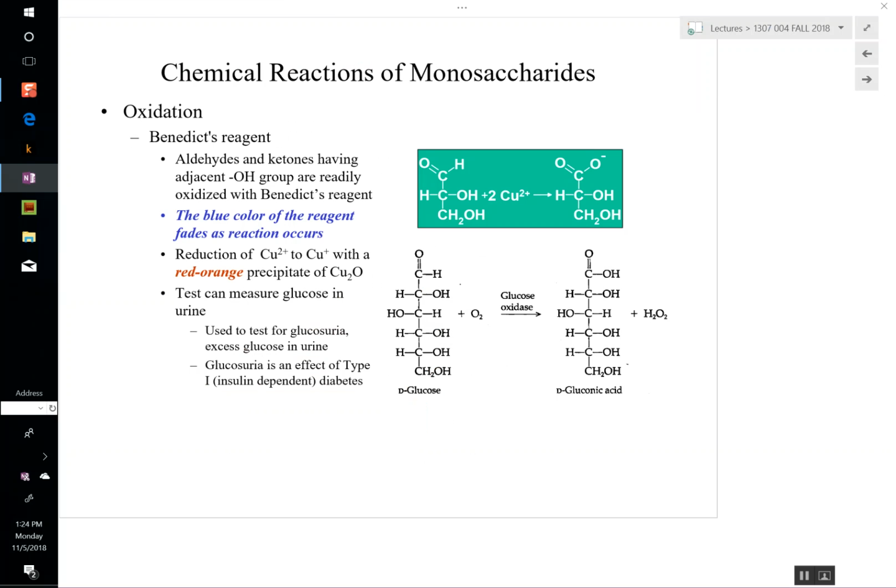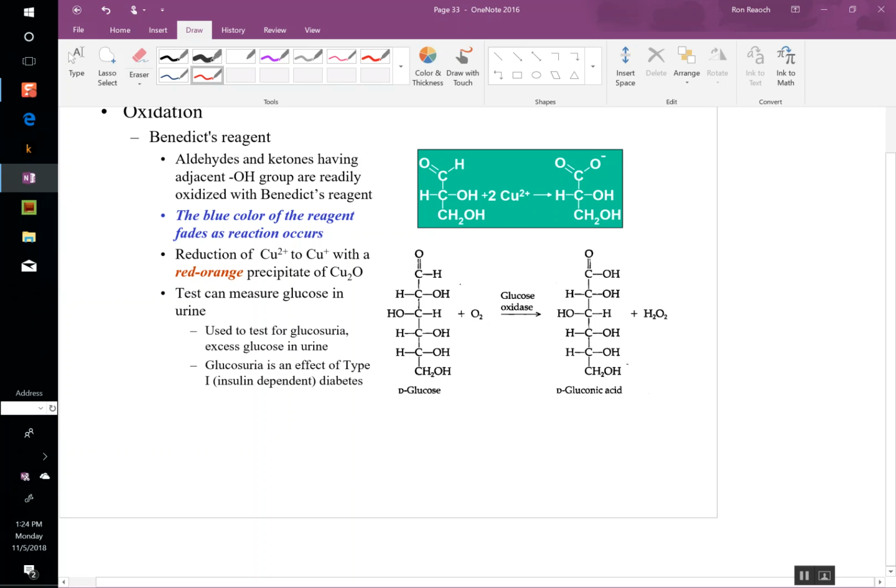All right, a reaction that we talked about in chapter 13 when we talked about aldehydes. We said that glucose can be oxidized to gluconic acid, and a way you can do this in the lab would be to use copper or the Benedict's reagent, which is blue.